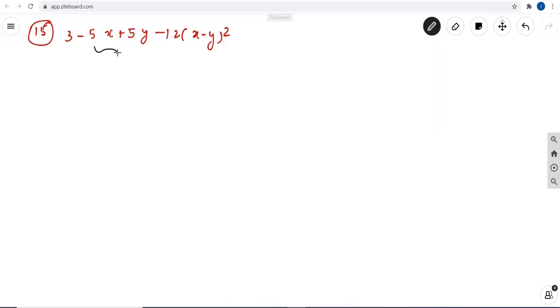So in this, what I can do is take 5 outside. So this will become x minus y. If I take common minus 5, this becomes x minus y, because minus 5 is already taken outside. So this one I will rewrite as it is, minus 12 times x minus y whole square. Okay, so the same procedure we will follow. We will substitute, let x minus y is equal to a.